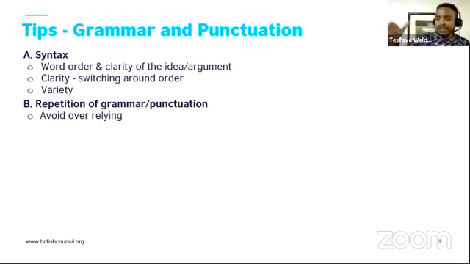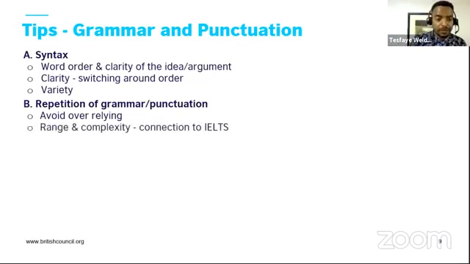Rather than having so many commas, correct, maybe, but why not full stop and start a new sentence? Yeah. There are several ways of making sure that you're not relying on certain grammatical structures or punctuation marks.